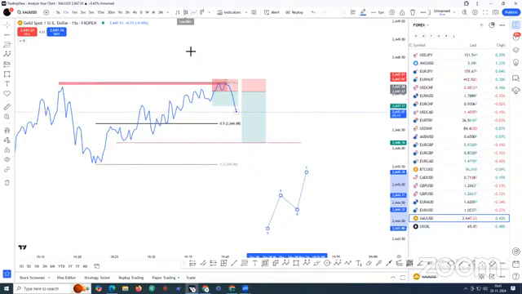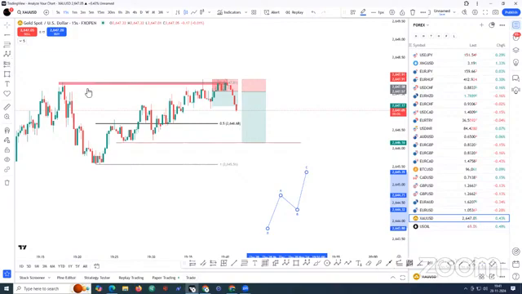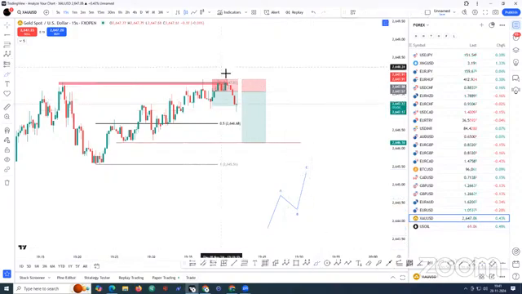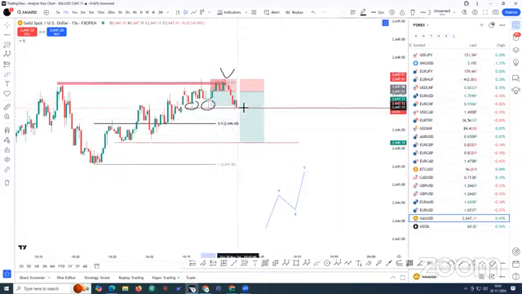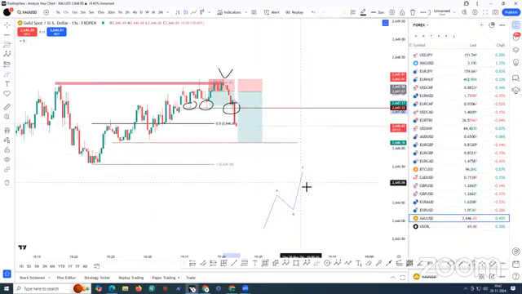But now, see, it has come to this first target. It has done. Now you can wait for this particular area to close, because you can see the three candles here, one, two, and third. These are buying pressures, but now it moved downside.